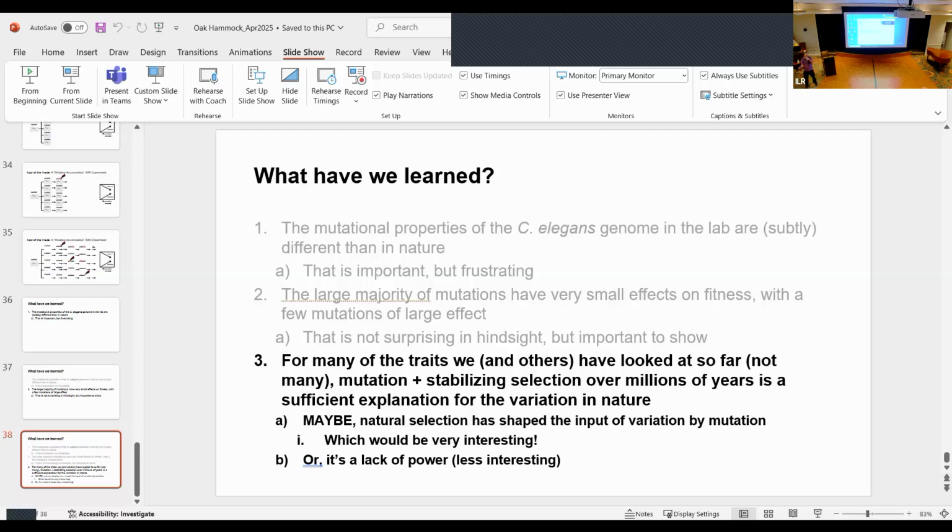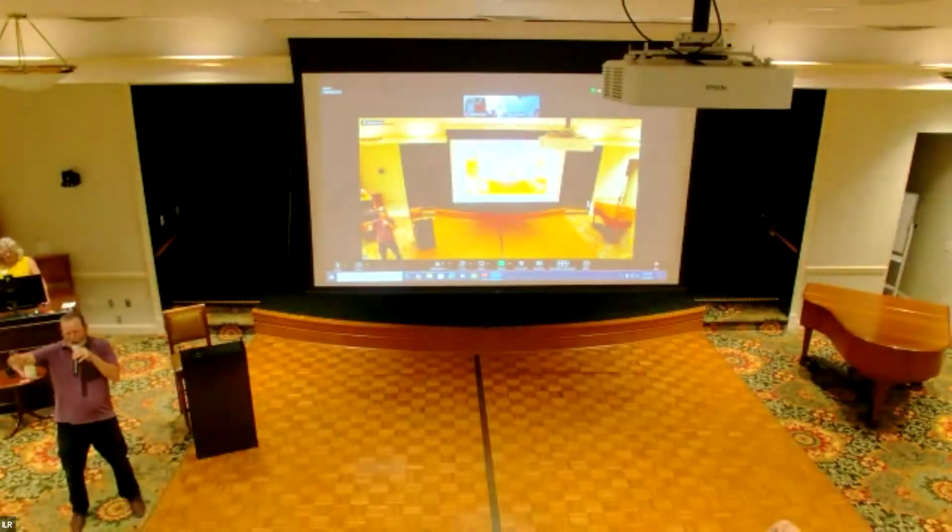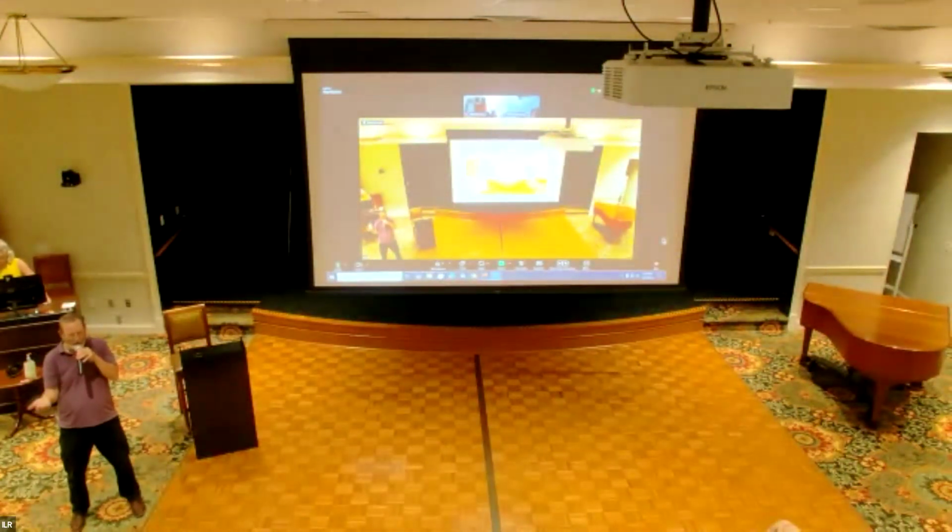I know you've done your work in the lab, but to what extent have you used computer models to predict the different iterations, generations, millions of generations of variation, and whether this aligns with what you're seeing in nature? So that's a great question. What we do is we use the data we get in the lab, and then we ask what combination of, say, mutation rate and the distribution of fitness effects best explain the data.